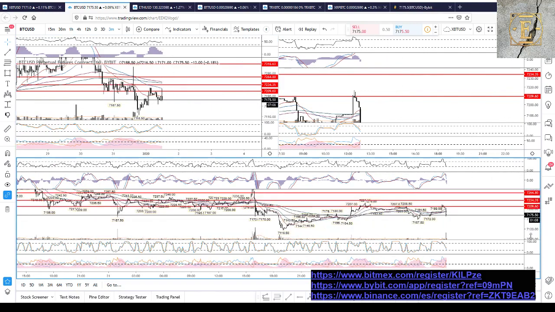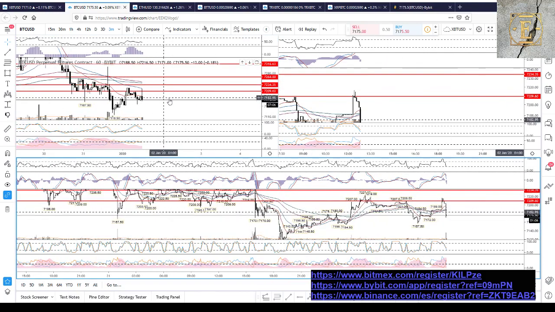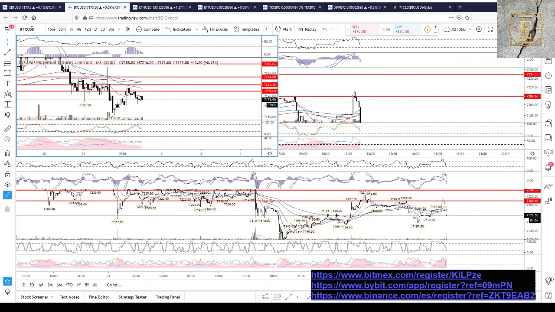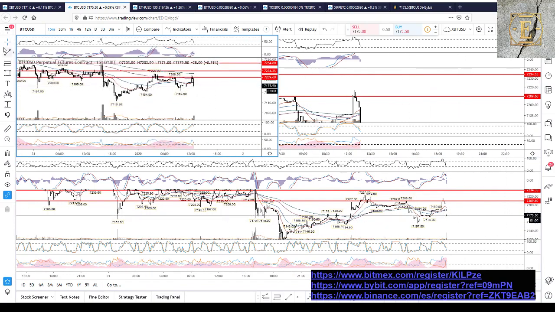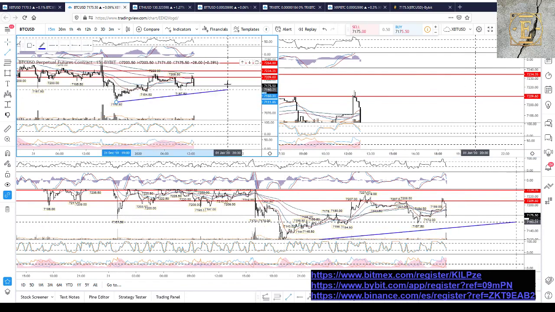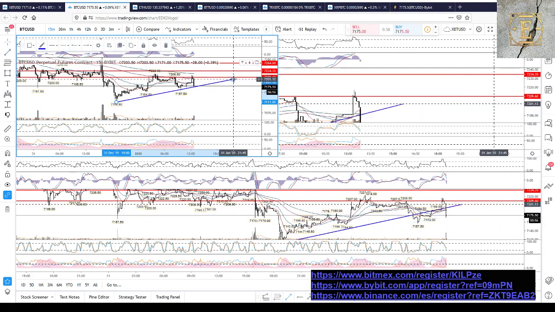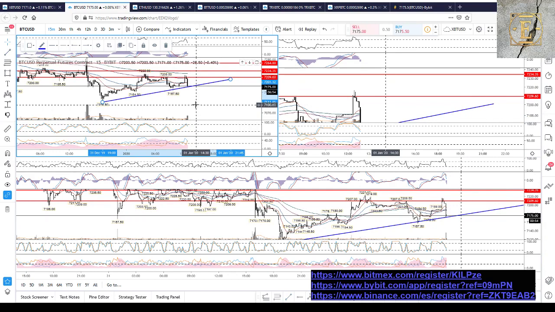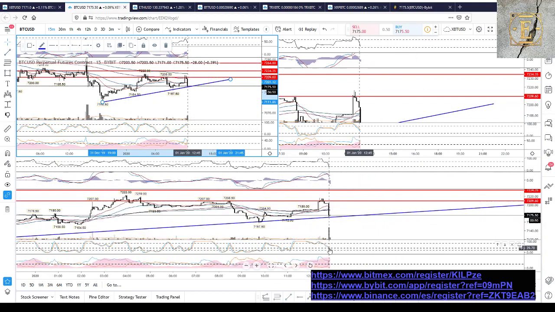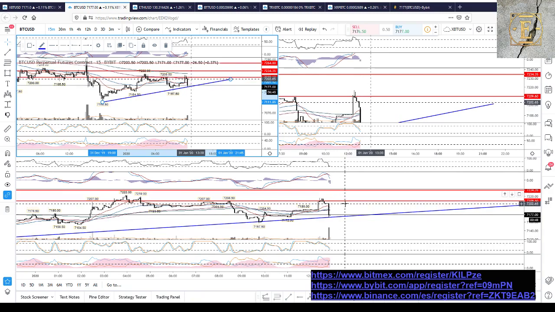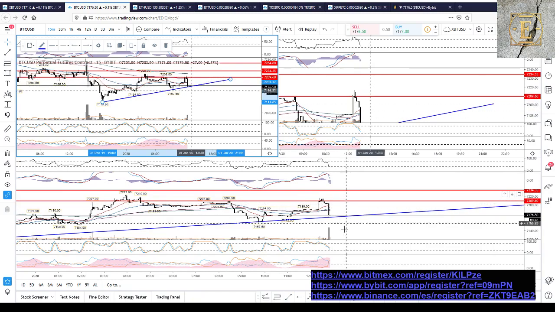So switch to 15. Put the trend line again. Okay. Now we need to wait for the bounce and re-entering. Okay, but I want to do some.